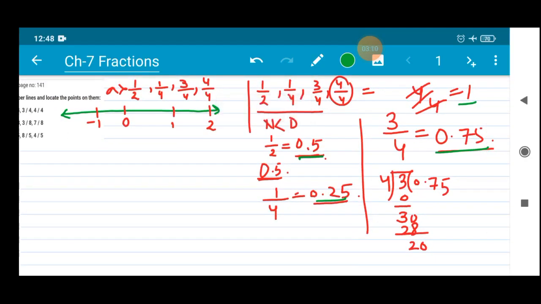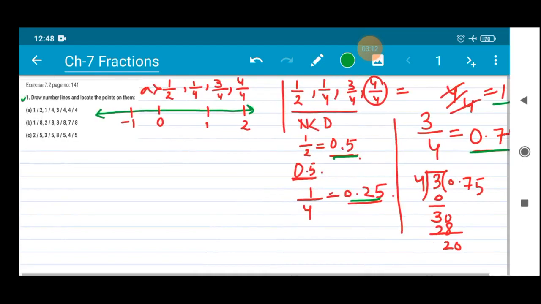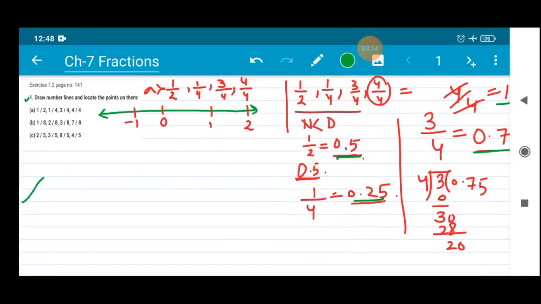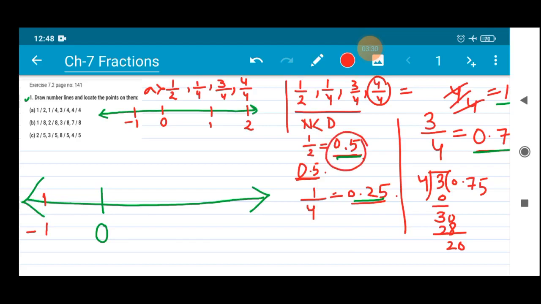Okay, so in order to solve this, let me make a little larger number line, and I'll use only those numbers which are important here. Below 0 you'll get the negative values, and if I proceed, I'll get the positive values. Now you can see these are all positive values: 1 by 2, 1 by 4, 3 by 4, 4 by 4.